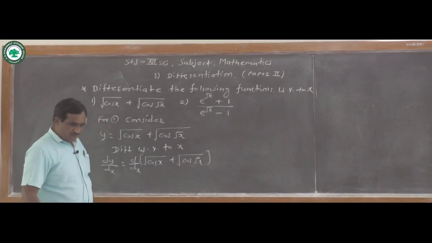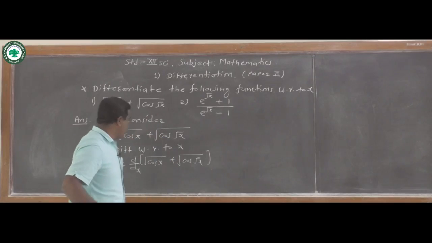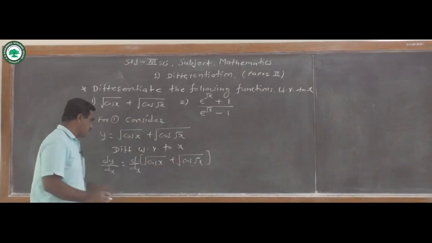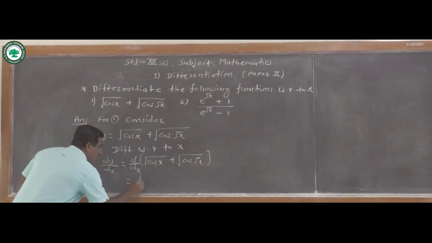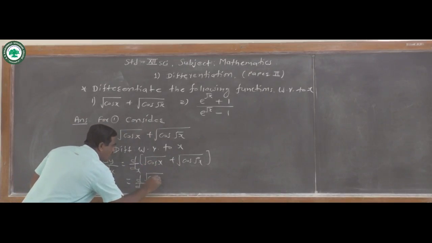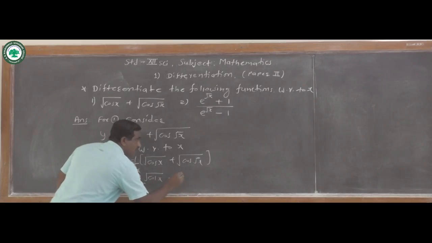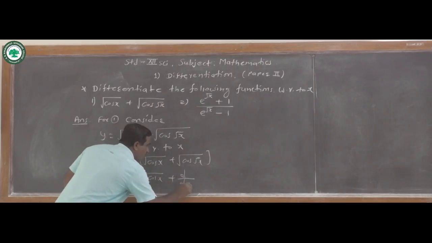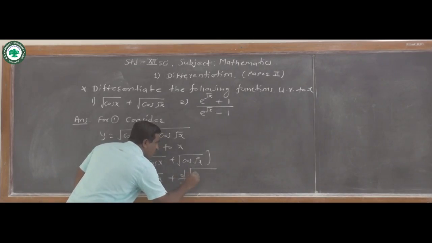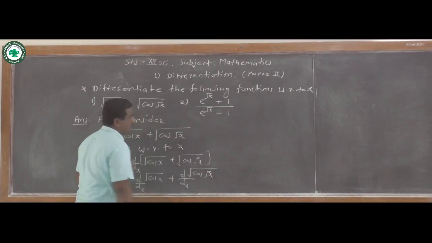Now to the RHS we use addition rule, that is we can take separate derivative of these two terms, equal to d by dx of under root cos x plus d by dx of under root cos of root x.